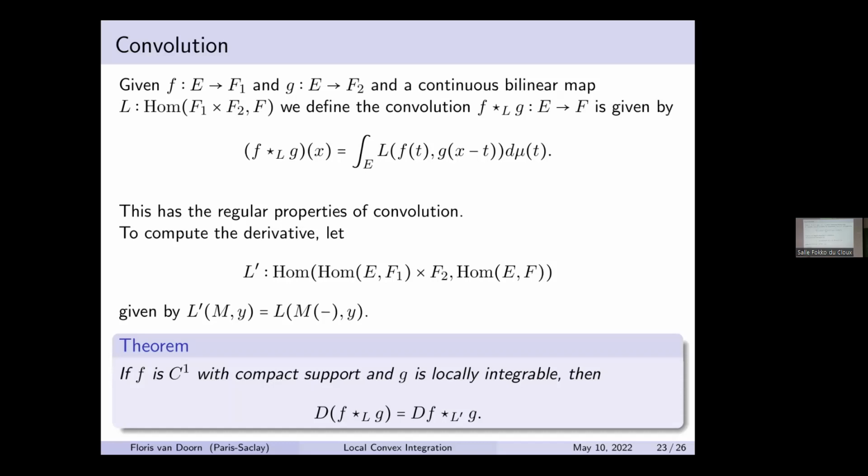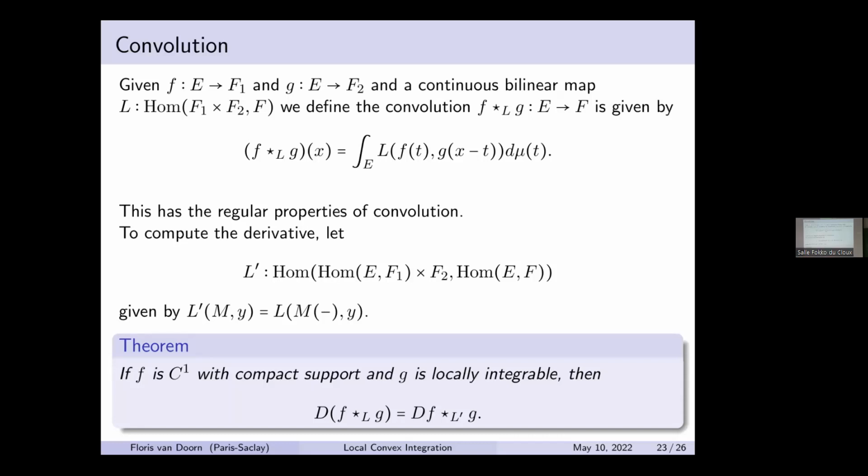Let's see that this makes sense. The total derivative of f convolved with g has to be a linear map from E to F, at least evaluated at a point x. Here df evaluated at a point is a continuous linear map from E to F1, and g evaluated at a point lives in F2.